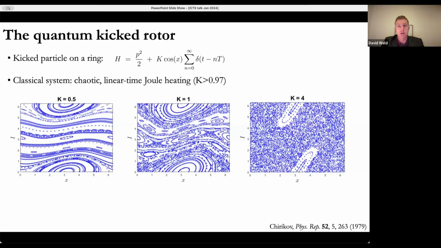So as you increase the strength of this parameter k, which multiplies the second term in the Hamiltonian, which is increasing the strength of the kicking, you go from regular orbits in phase space to increasing areas of the phase space that are characterized by chaotic dynamics, and that happens above some particular value of this kicking strength, which is pretty close to 1.